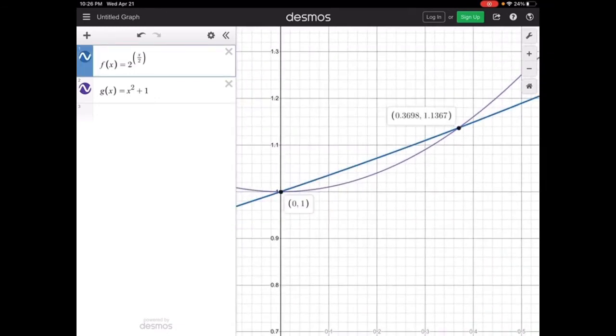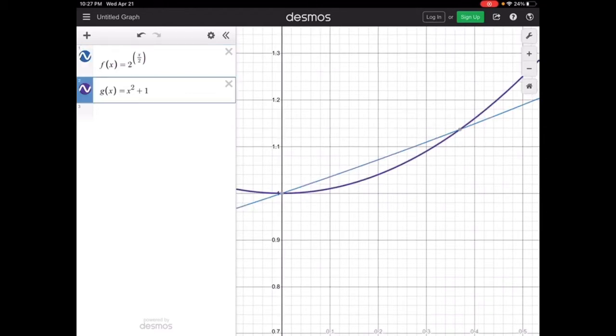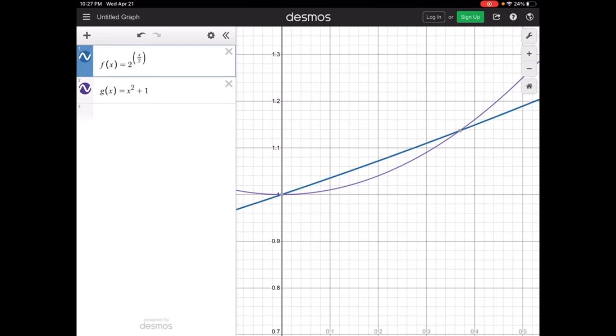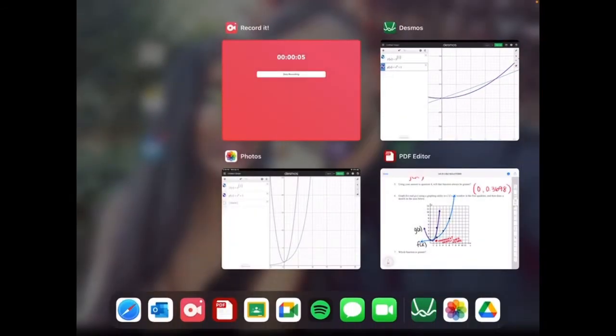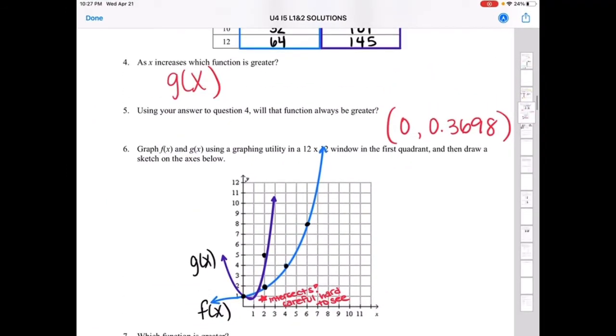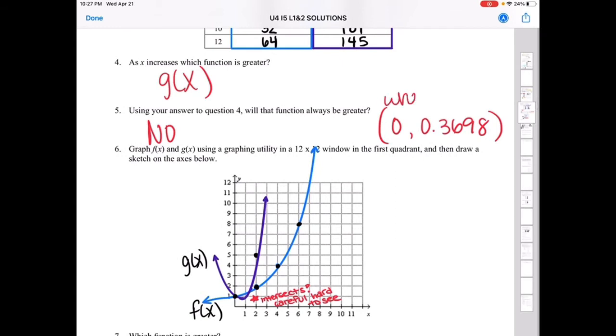So from 0 to 0.3698, we know that f of x, which is my blue function, is greater than my g of x, which is my purple function. See how the f of x is on top, has bigger values than g of x during that interval? So here, I know that no, it won't always be greater, because when x is 0 to 0.3698, f of x is bigger than g of x.